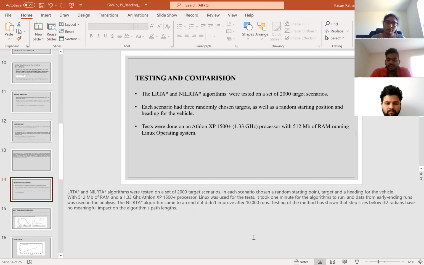It took 1 minute for the algorithm to run, and data from the ending runs was used in the analysis. The NILRTA algorithm came to an end if it didn't improve after 10,000 runs. Testing of this method has shown that a step size below 0.2 radians has no meaningful impact on the algorithm path length.